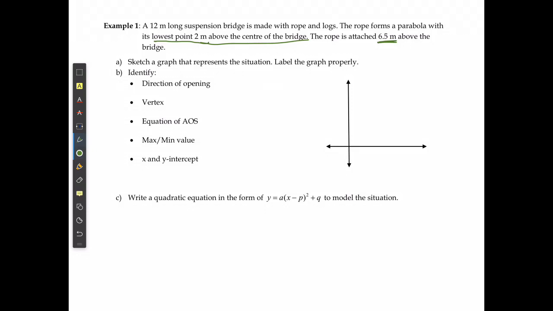So, first we're going to start by drawing out the information we have. We're going to say that it's attached to the one side at 6.5 meters.